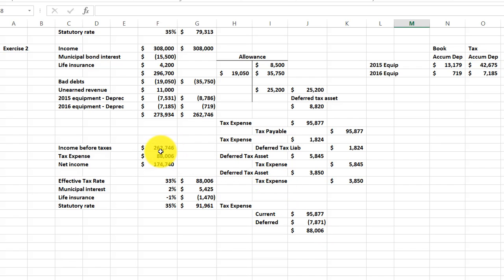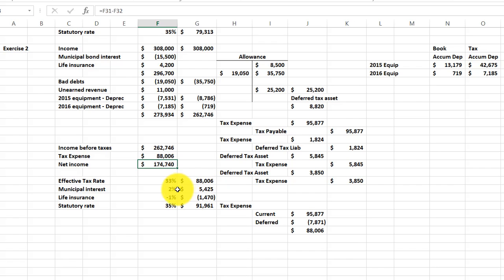Total tax expense is $88,006. Bring that over here to calculate net income: income before taxes, tax expense, net income. The effective tax rate, again, do a rate reconciliation, is 33%, just like last time. We get the 88 divided by 262. These are rounded, so it doesn't work out exactly right.